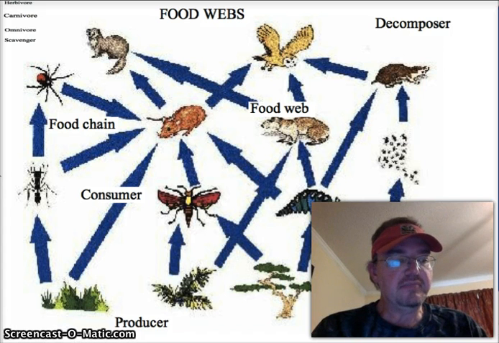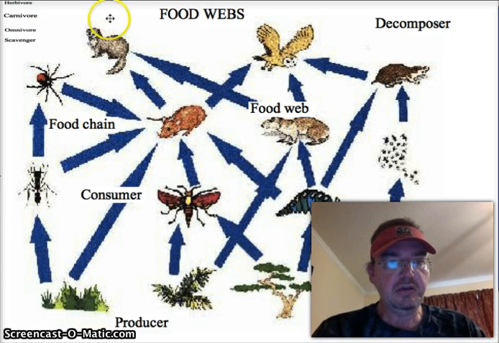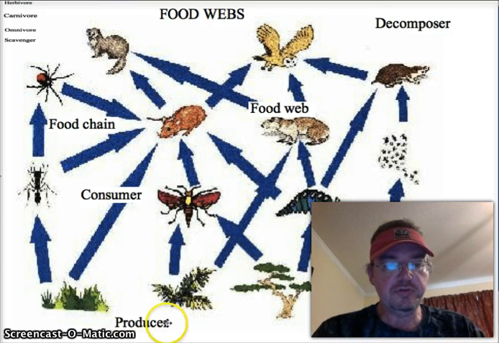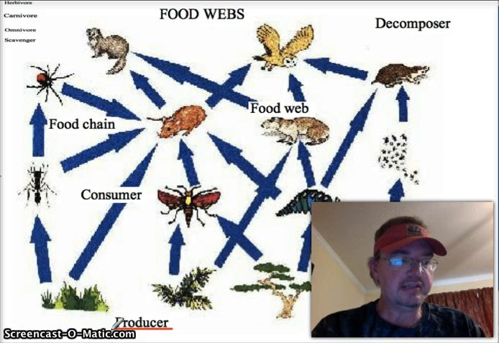Each organism in an ecosystem fills the energy role of either a producer, a consumer, or a decomposer. So the producers are organisms that make their own food.